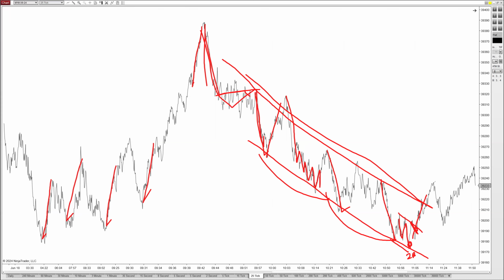And then breaking this two-wave correction here provides another support level for continuation. This could have gone into a secondary correction. And if it had done that, that's where your Phoenix trigger would be. It didn't end up developing into a Phoenix on this one, but that's where we would have looked for the Phoenix buy setup. So just putting it into kind of the context of what things look like here this morning.